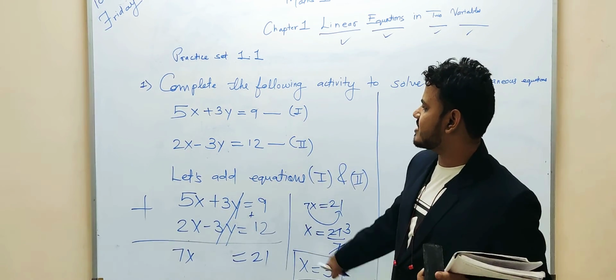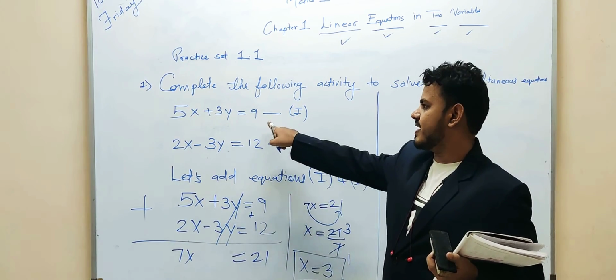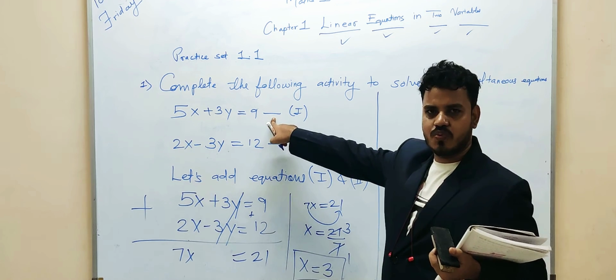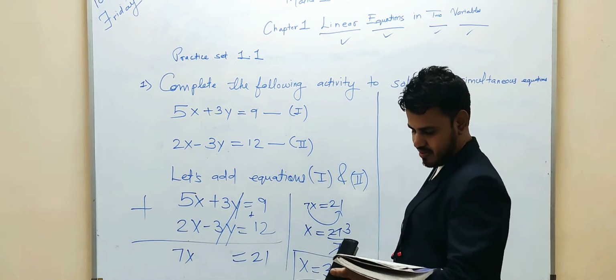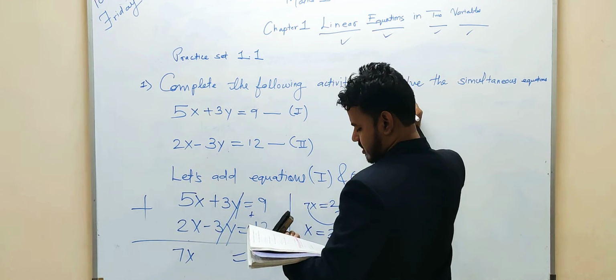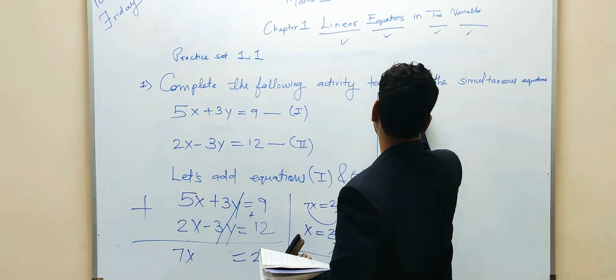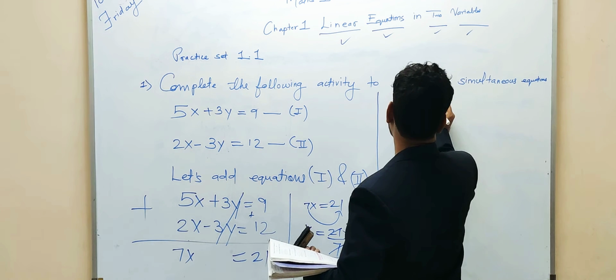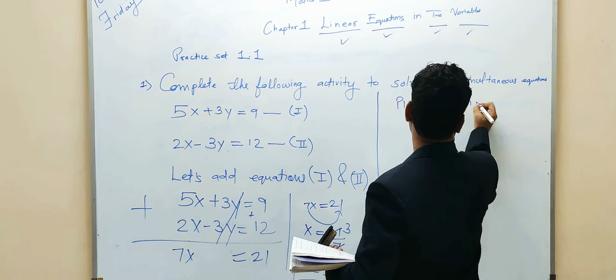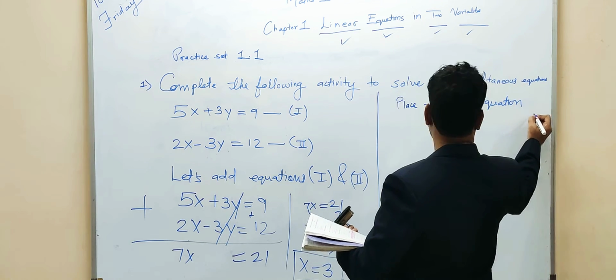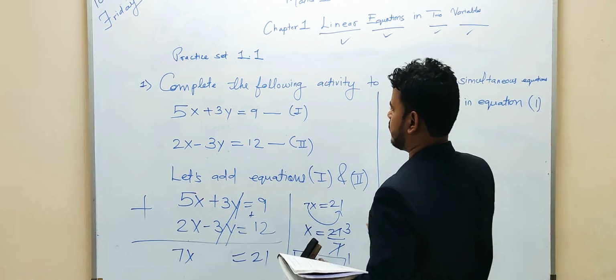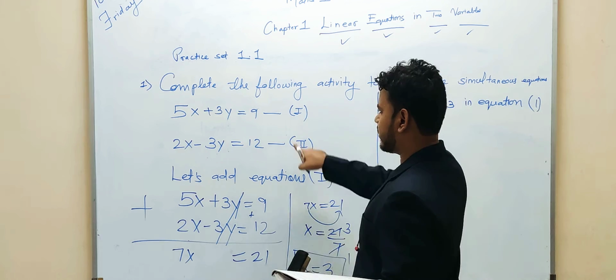Now we have got one value, x is equal to 3. We can put this x is equal to 3 in either of these two equations, either in equation 1 or in equation 2, and then calculate the value of y. Next: place x is equal to 3 in equation 1.